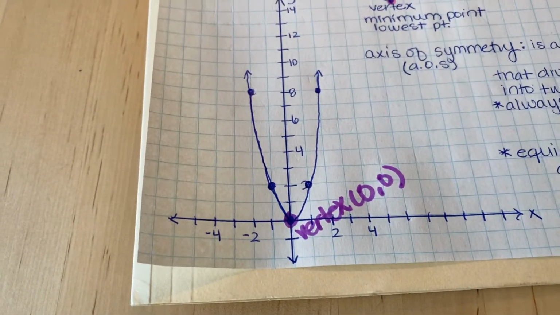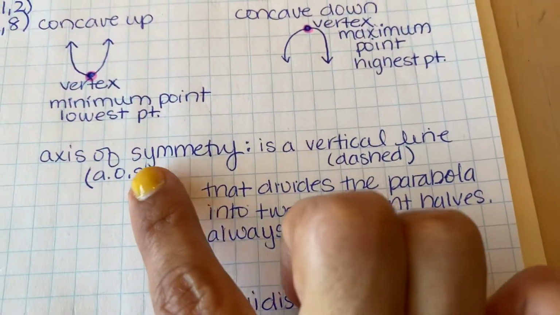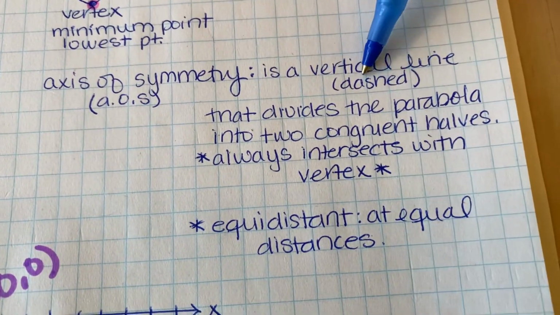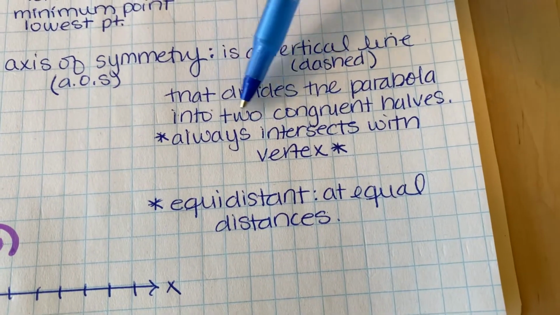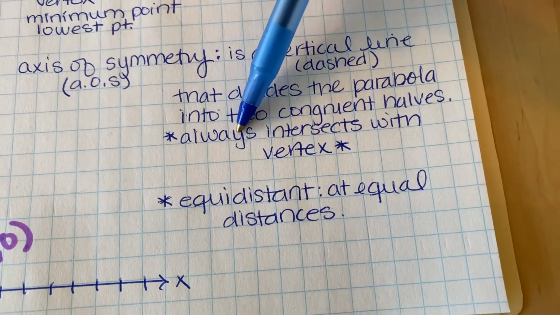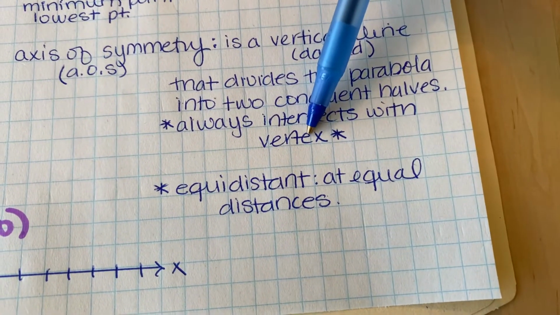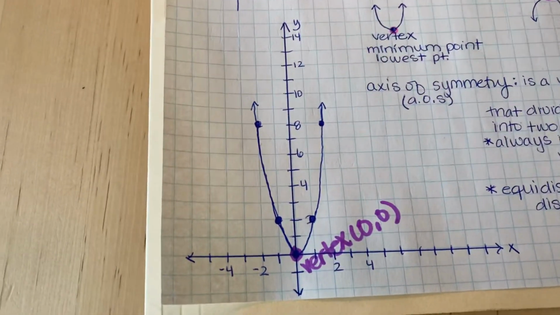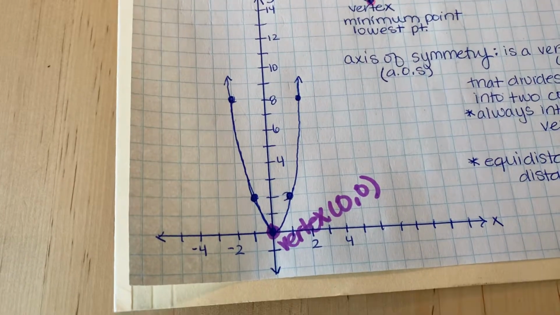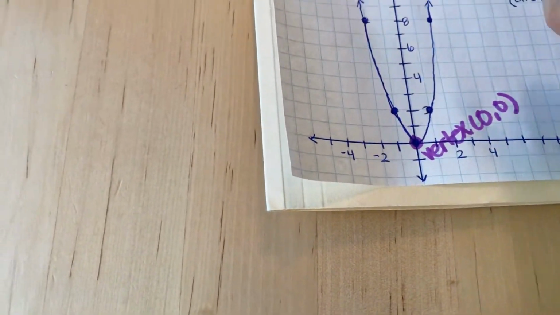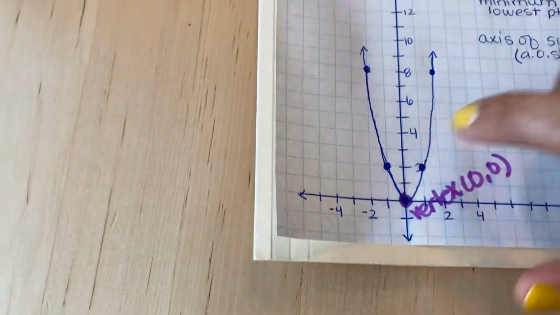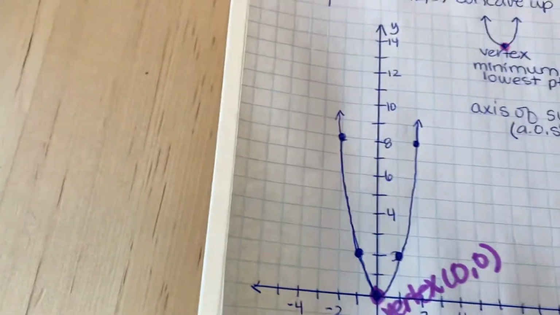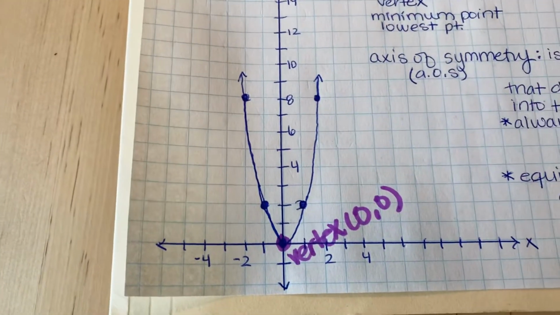Now, if you notice, we covered what was called the axis of symmetry. It is a vertical dashed line that divides a parabola into two congruent halves. It always intersects with the vertex. It's kind of difficult because our axis of symmetry is going to be right on top of our y-axis, so I need a really bright color, let's get bright red.